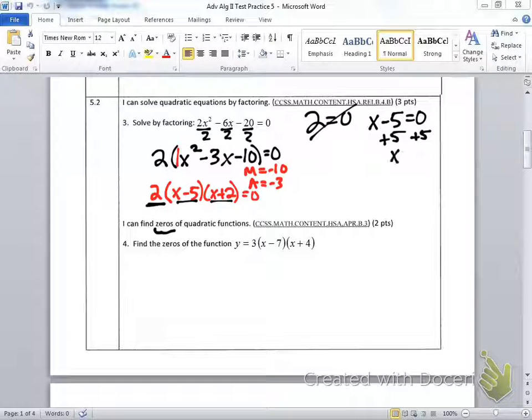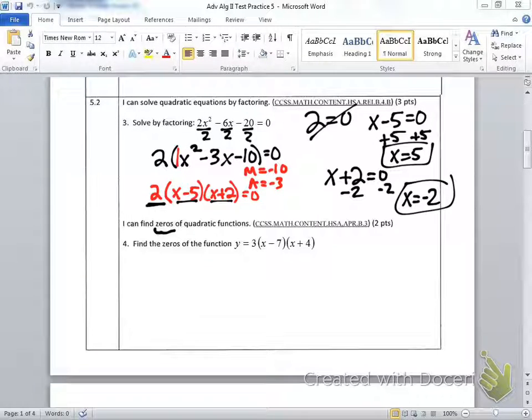So one of our solutions is x equals 5. The other one is negative 2. Very good. That's our answer. So you could call those the solutions. You could also call them the zeros or the x-intercepts.